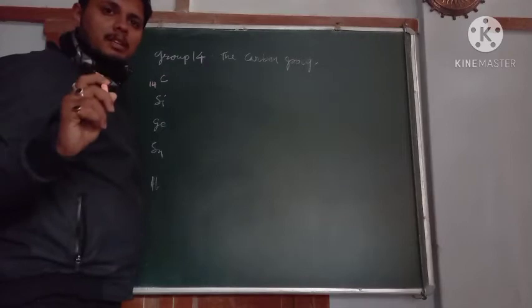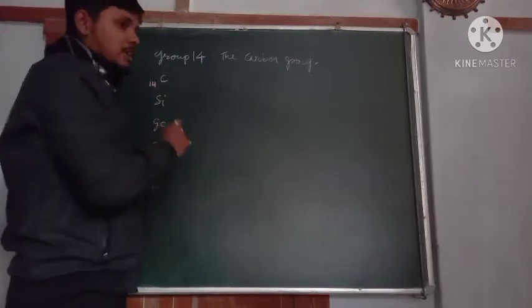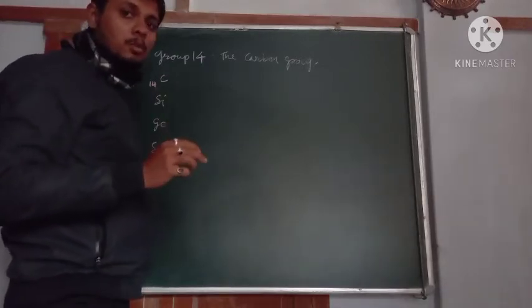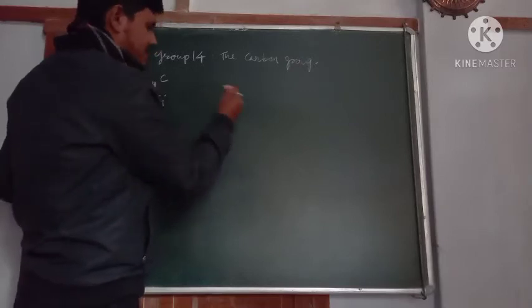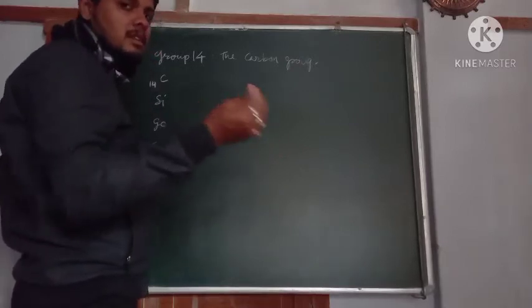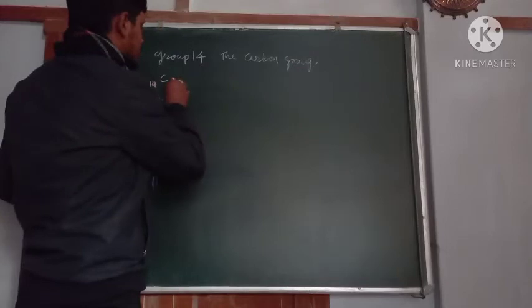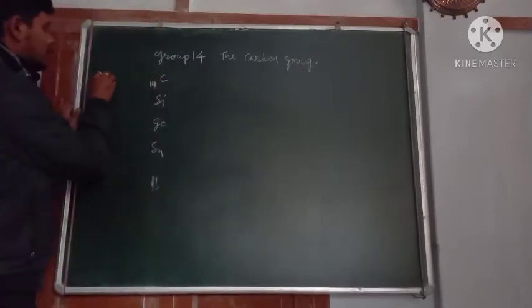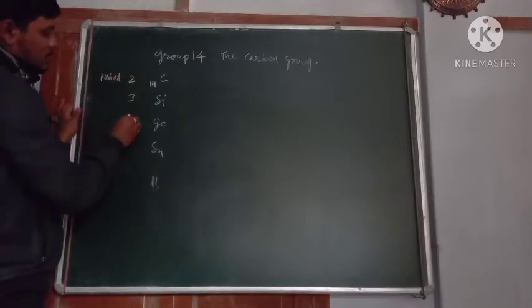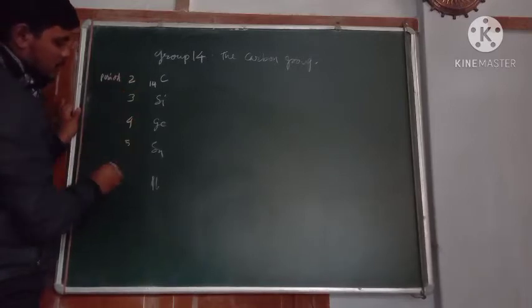Now similarly, if we see group 14, that is the carbon group, which is p block, the last electron enters in the p orbital. So this is period 2, 3, 4, 5, 6.